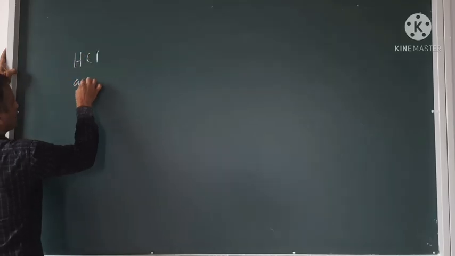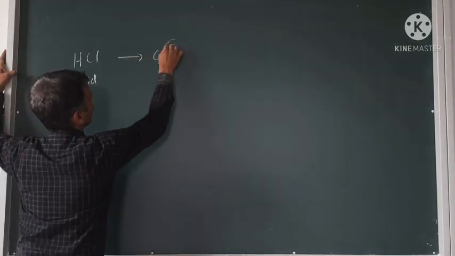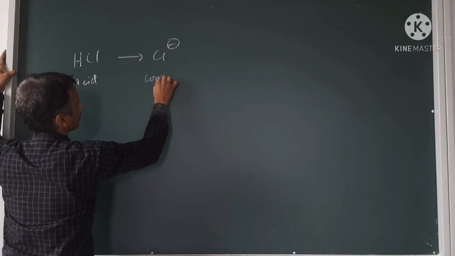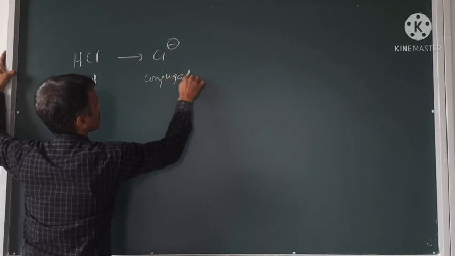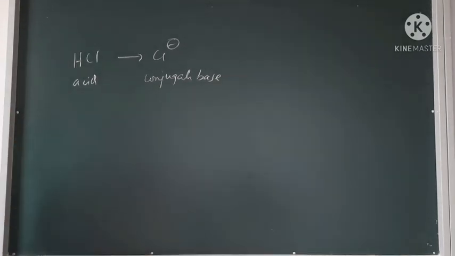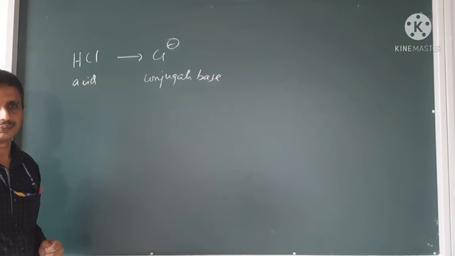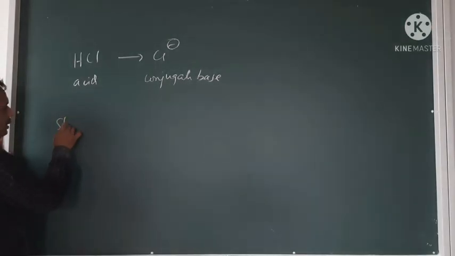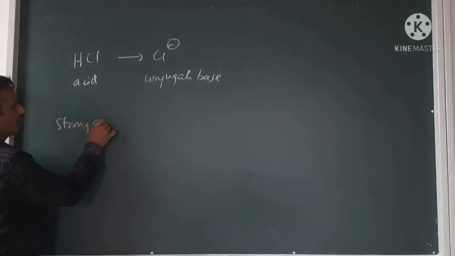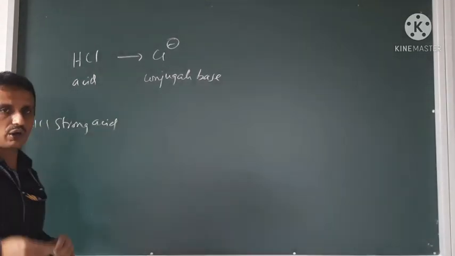HCl is an acid. Cl minus is its conjugate base. HCl is a strong acid. Why is it strong?